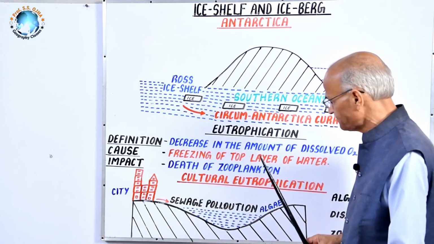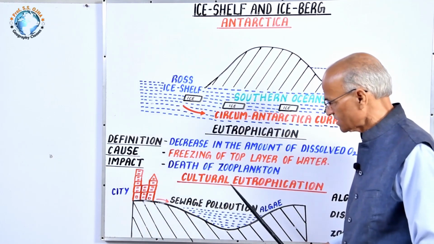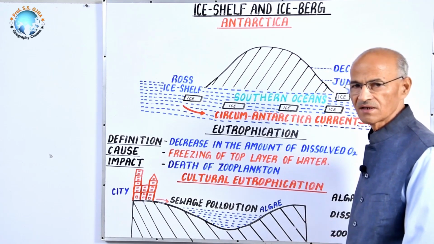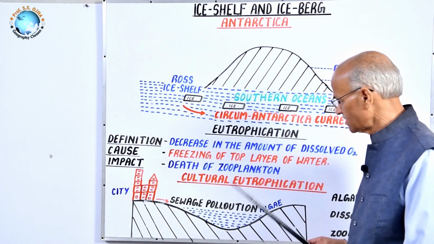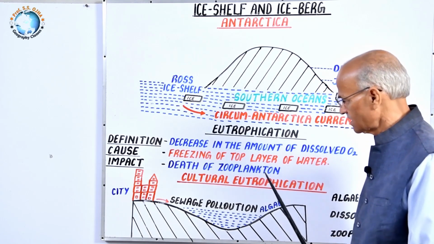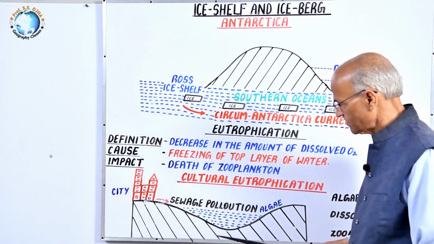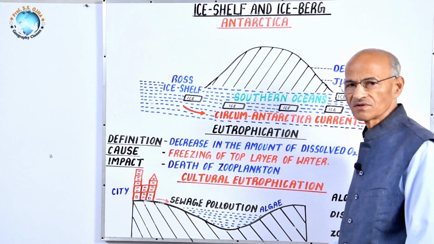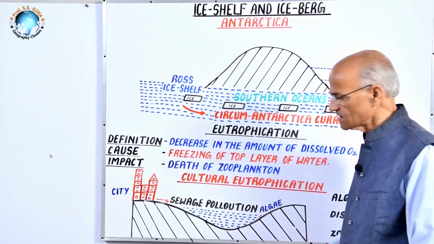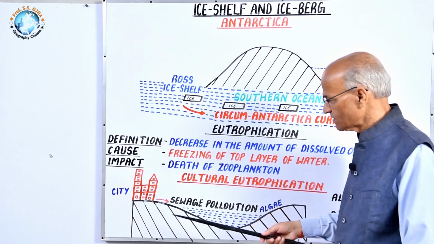Now there is one related term, cultural eutrophication. The word cultural very well denotes that it is related with man, pertaining to human activities, and eutrophication is the same process of the dying of zooplankton. Suppose there is one water body, maybe a river, lake, pond, sea, or ocean, and along its bank is located a city, maybe an industrial city, mega city, metro city, or any type of city.